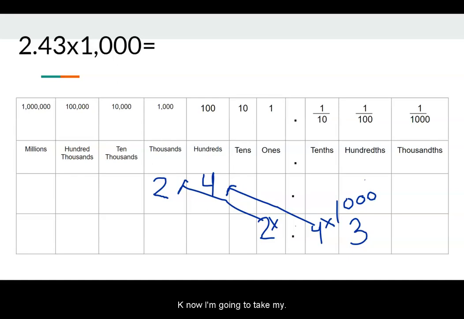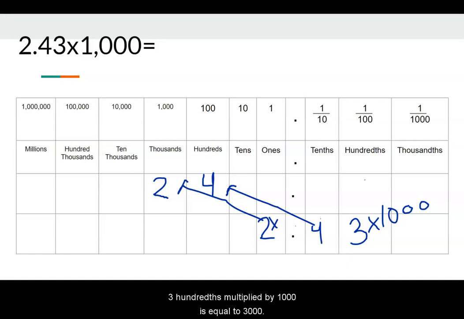Now I'm going to take my 3 hundredths and multiply this by 1,000. 3 hundredths times 1,000 is equal to 3,000 hundredths, which is going to be the same as 30 ones, or 3 tens.